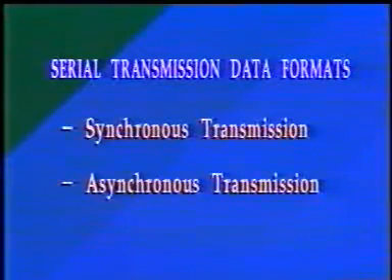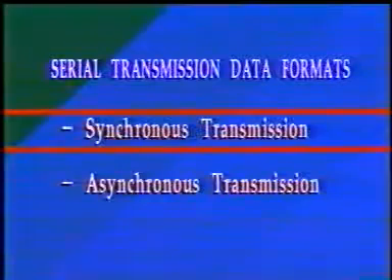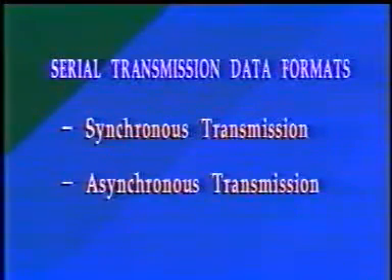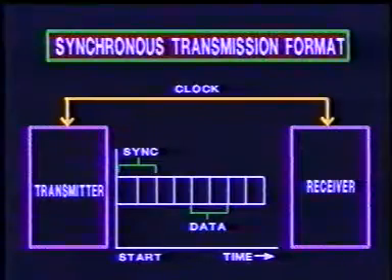When large volume of data is to be transmitted, synchronous transmission is used. The entire data is treated as a block. Synchronizing signals are just added once before the block and transmitted at a fixed rate over the line. This is known as synchronous transmission.